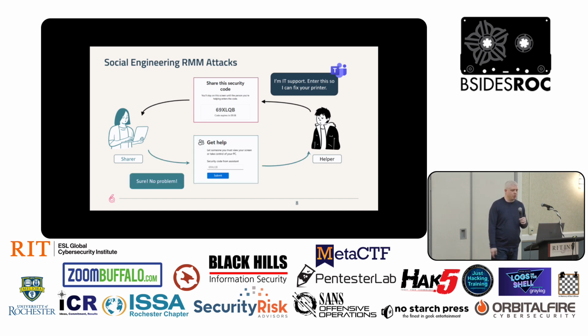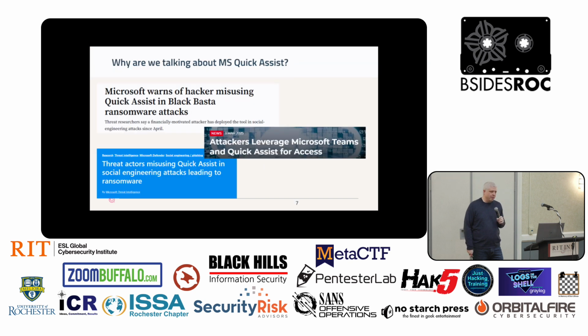The user says, sure, no problem, enters in the code, and now the attacker has access to their system. This is being used a lot by threat actors to get onto systems, to install backdoors, and then leverage basically their initial foothold.